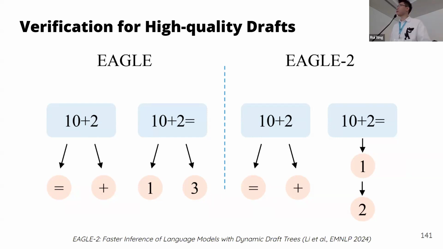In this scenario, we will abandon the token 3 and explore token 1 and its subsequent token 2, right? And we can get 2 tokens accepted. With the same draft token capacity, in the static tree we verify 2 tokens and only get 1 token accepted. However, in Eagle 2, if we adjust the tree architecture, we can further increase the number of draft tokens that get accepted.